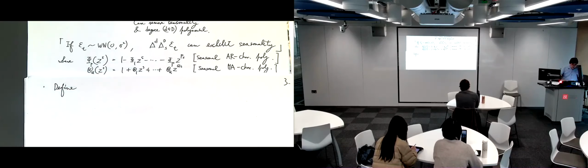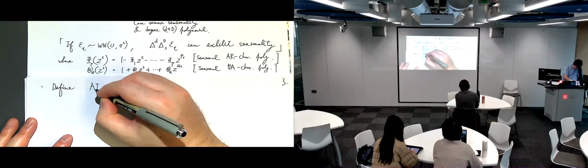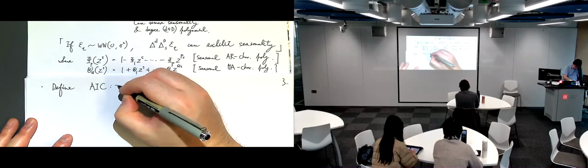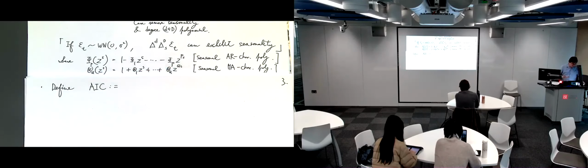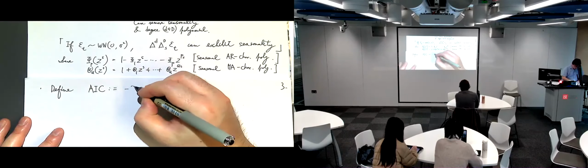This is also another reason I don't introduce that generalized ACF, PACF. In this kind of seasonal model, they don't work anyway. So people instead define something called the Akaike information criterion. If you have done your undergraduate statistics, you must know this. Time series models use the same kind of definition.